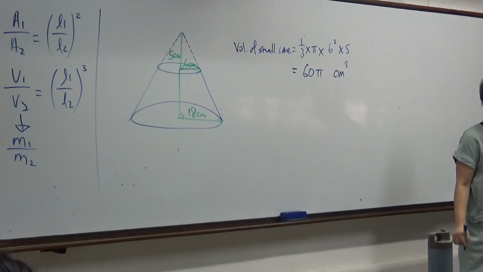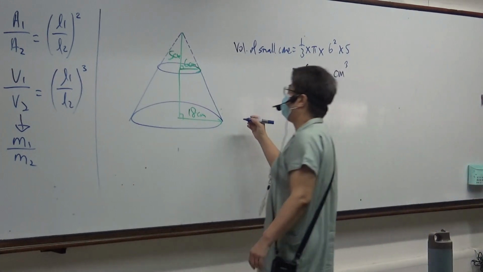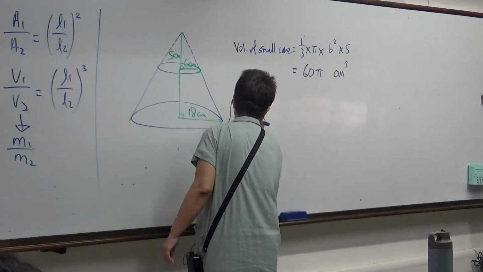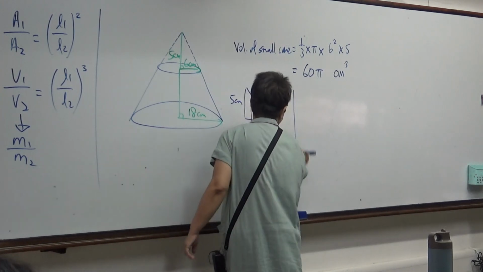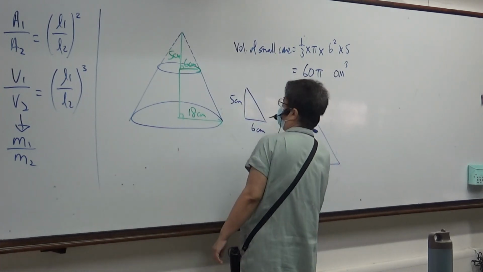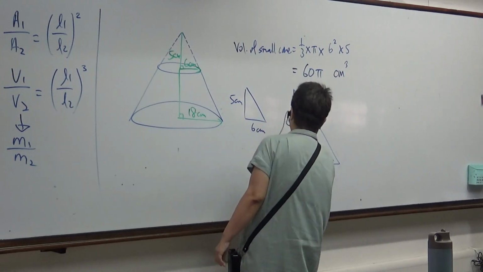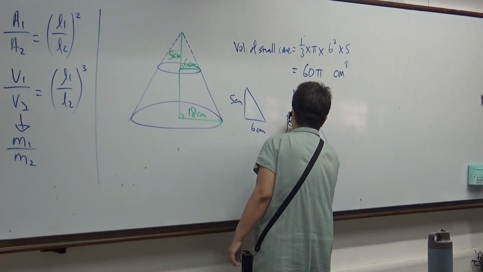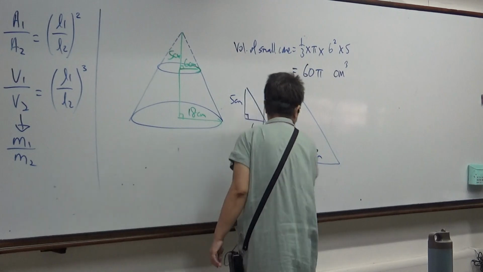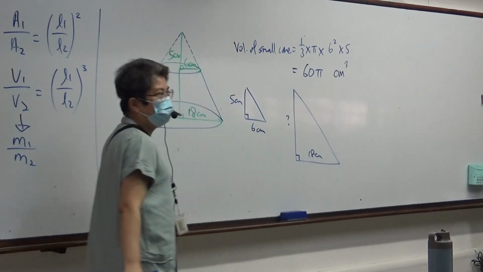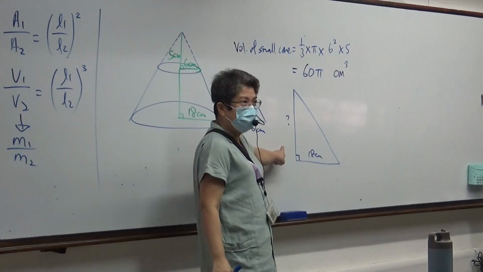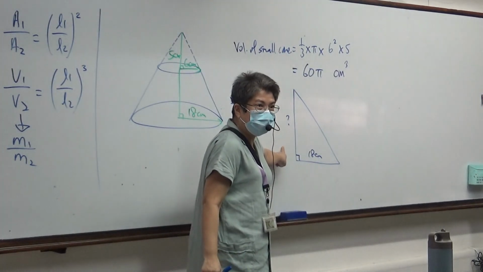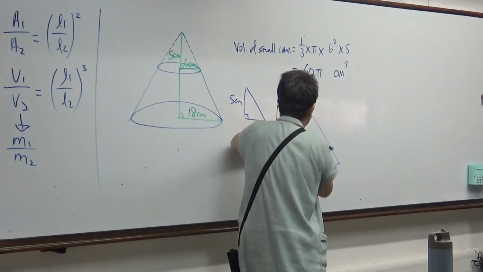Okay, now I'm going to draw something here. I have the small triangle and the big triangle. One way is to go and find the height of the big triangle, right? Yes or no? Let this be h.